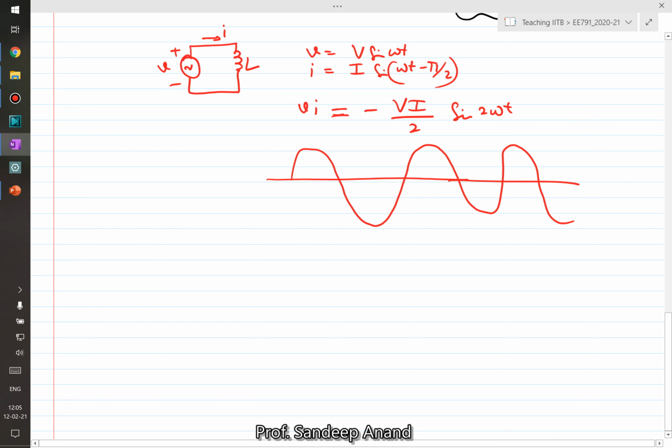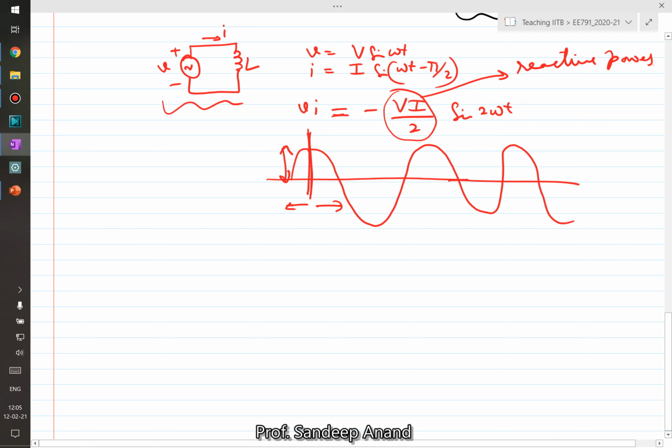So it's a sinusoid with twice the frequency and the average is 0. And this parameter, which is the amplitude of this oscillating waveform, we usually call it reactive power. Correct? In the normal definition. If you see instantaneously, let me take only one sample here, I cannot really comment whether it's an active power or a reactive power, unless I know the circuit or I know the history and I know the future.